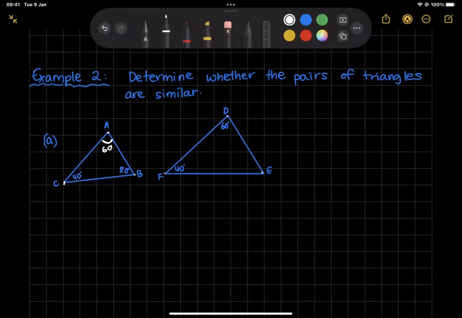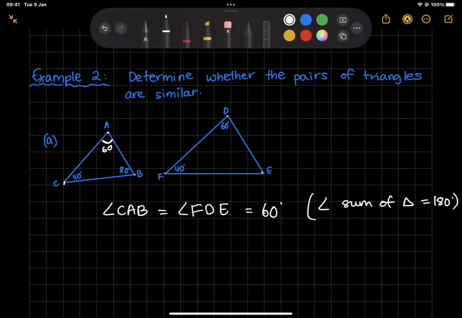You can double check that on your calculator. So I'm going to say angle CAB is equal to angle FDE, which equals 60 degrees, because of the angle sum of a triangle, which is 180 degrees. Okay, so I proved that.